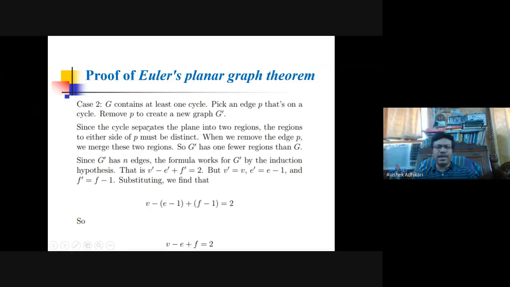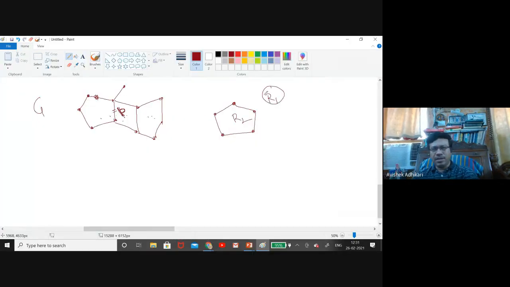Since a cycle separates the plane into two regions, the regions to either side of P must be distinct. That means this region and this region must be distinct. For example, if this is the case, then you have many such regions.